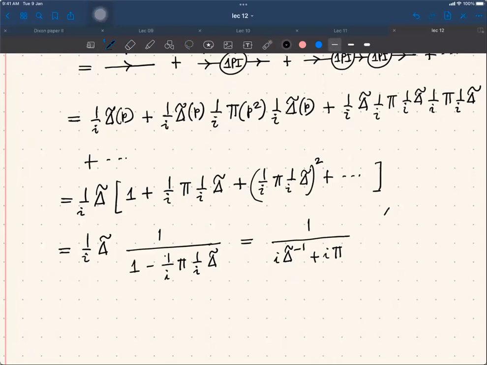Delta tilde is 1 over p square plus m square with the i epsilon prescription or Euclideanization. Therefore, the delta tilde inverse will be p square plus m square. So it is 1 over i times 1 over p squared plus m square plus pi of p square minus i epsilon.